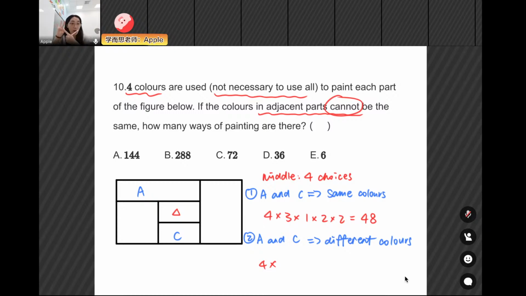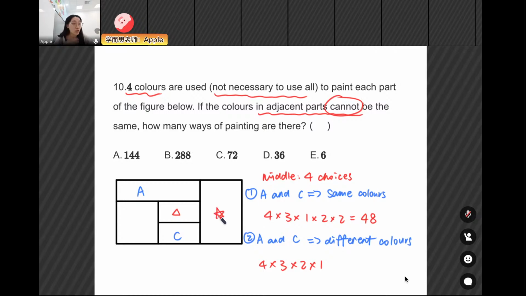Yes, you used 1, so you still have 3 choices. And then following this, what about C? For C, you only have 2 choices because they are different colors, right? And then what about for the rest of the part? For this part, actually you see that you already used 1, 2, 3 colors, which means there's only 1 possible way for you.